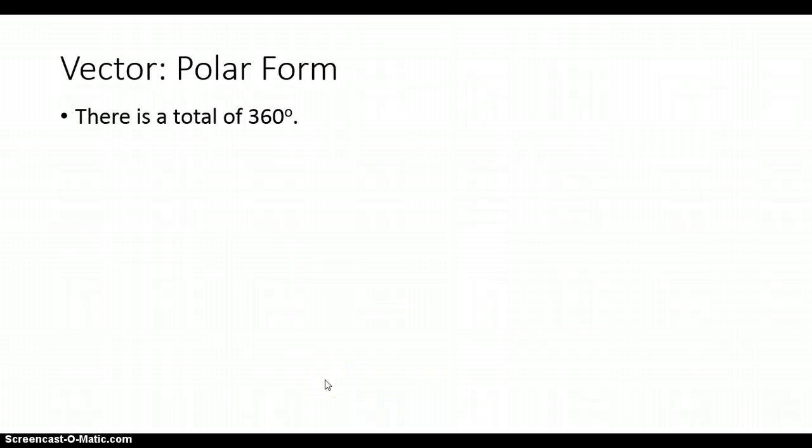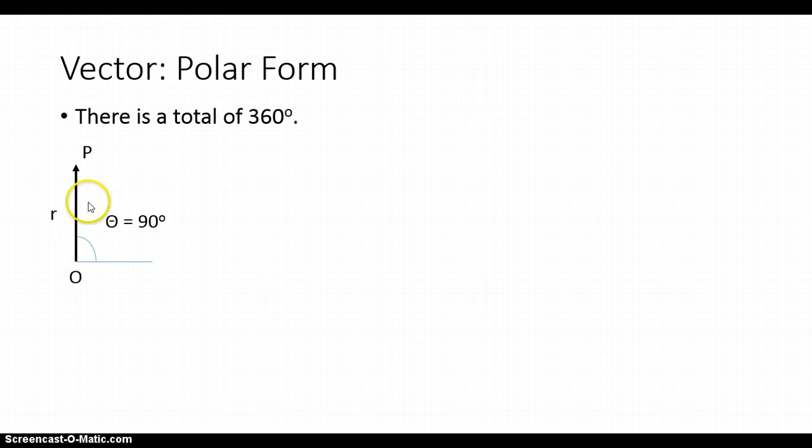Well, in total, we have 360 degrees if we were to go around in a full circle. So if the vector starts from its origin and points directly straight up, then we say that the angle is equal to 90 degrees. Okay, then the vector has an angle of 90 degrees, and that's pointing straight upward.